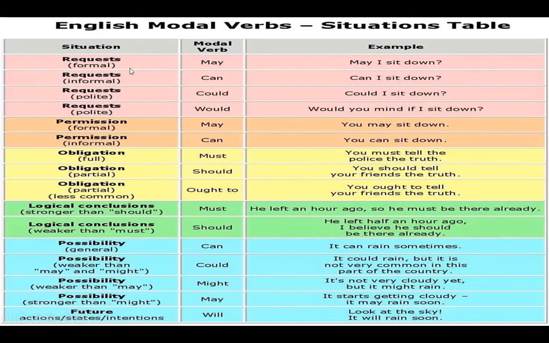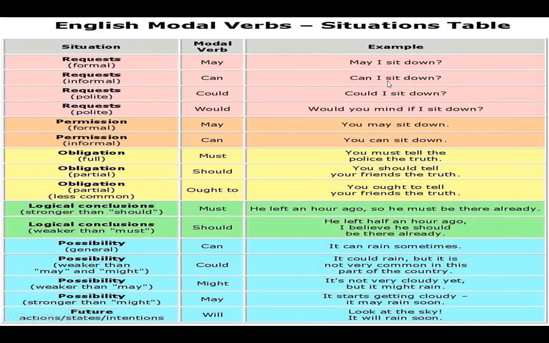How can we know this? For example, the modal verb may is used for a request in a formal environment. Can you read this question? May I sit down? You are requesting something, you are asking for permission, in this case in a formal environment. You can also say that using can, because can is also used for a request in an informal context.